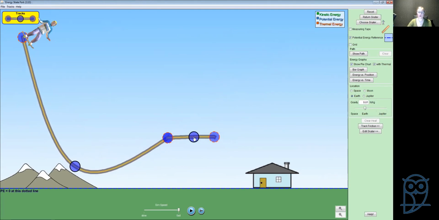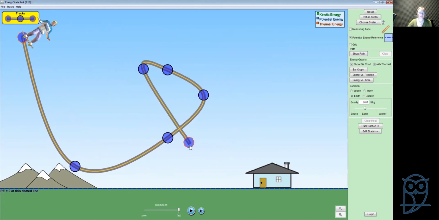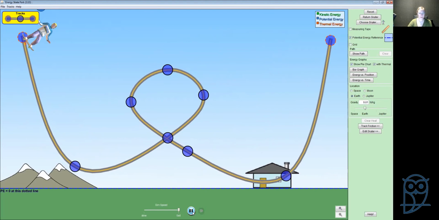We can add some more tracks. So here we want him to go into a bit of a loop. So let's do that. Add another track. There we have a lovely loop-de-loop coming out. And here we just want to have a nice big tall distance so that he does not fly off into space. So let's see what happens.